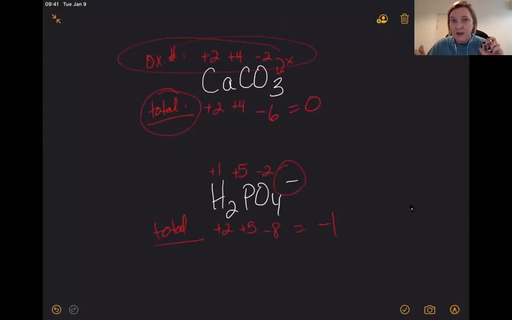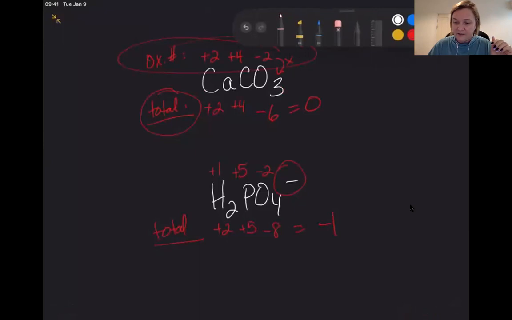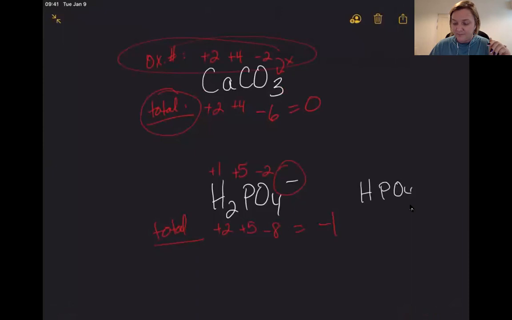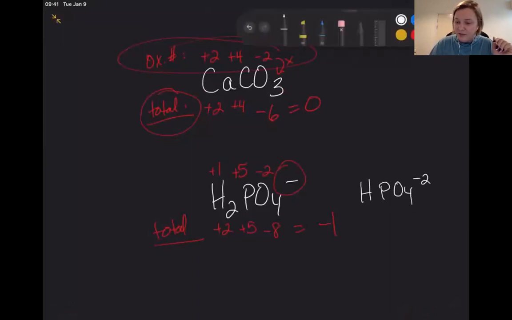Now the reason why they don't have any physical meaning is I can take a different ion, which has the same 3 elements in it. Let's go with, instead of dihydrogen phosphate, hydrogen phosphate, which has a charge of -2. Okay, so same thing.